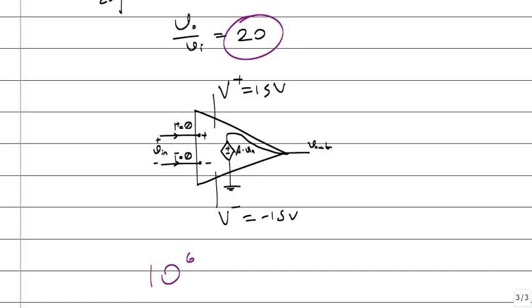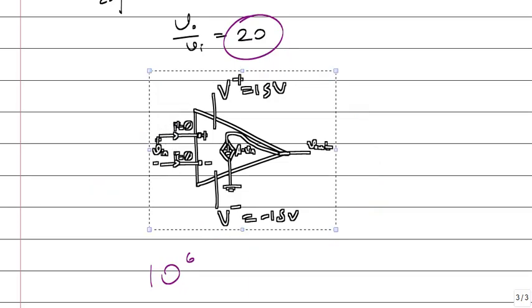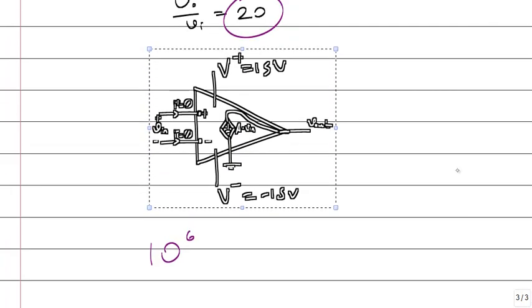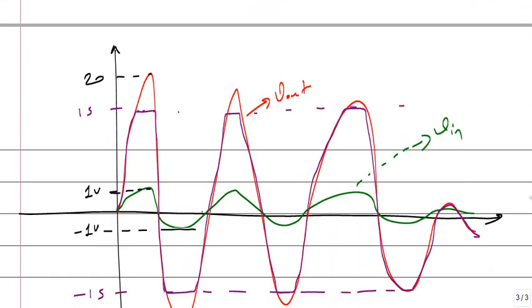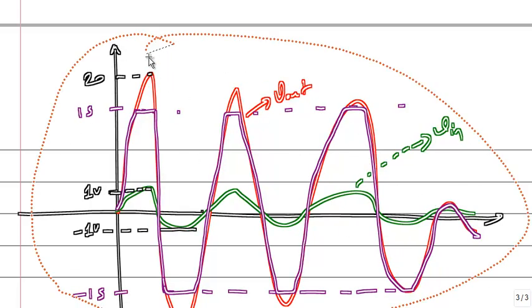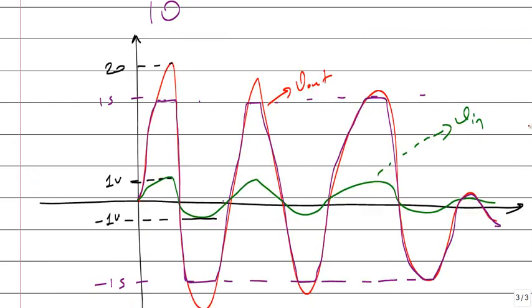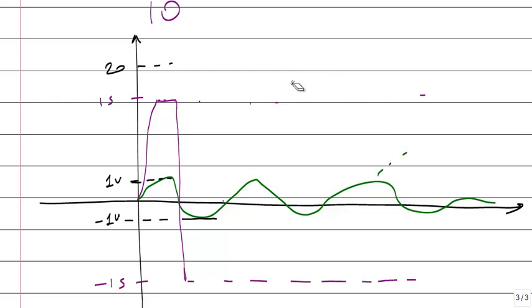So what happens? For example, you have a real op-amp like that, and you apply this voltage. Consider you have the same input.